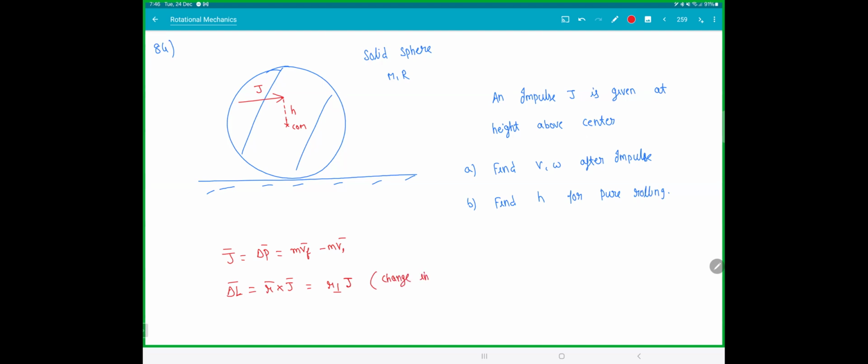This is the relation between angular impulse and angular momentum. Try. I'll give you a minute. Then I'll show you one and I'll give you one more. So these are straightforward questions. Just after collision, the impulse J, the force is so high, you can ignore all these non-impulsive forces.